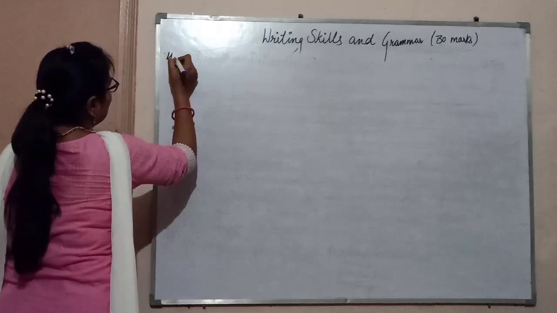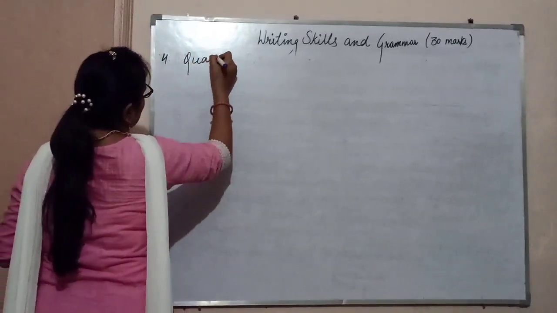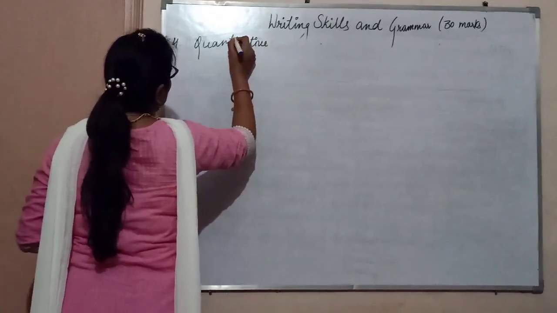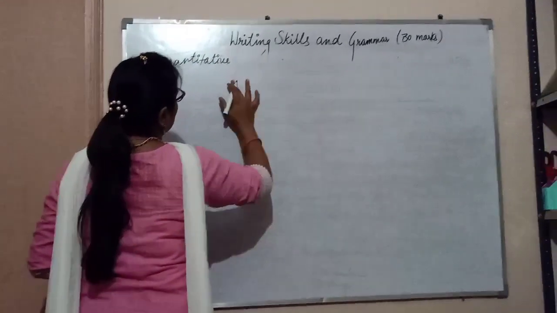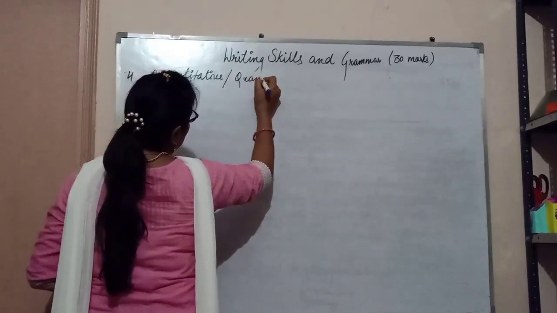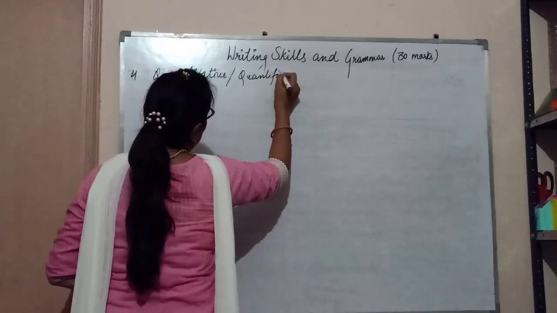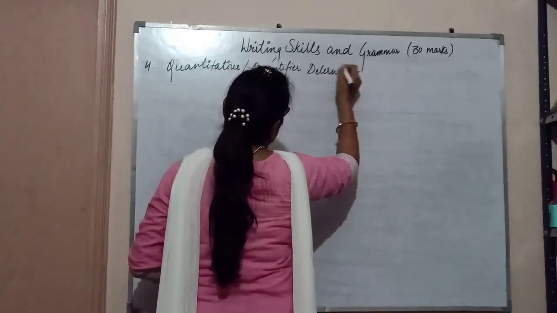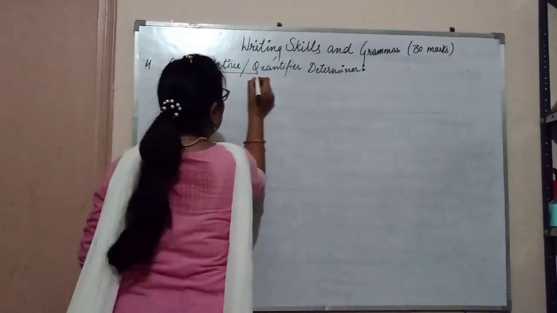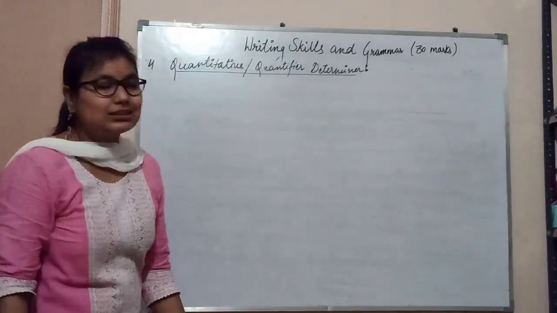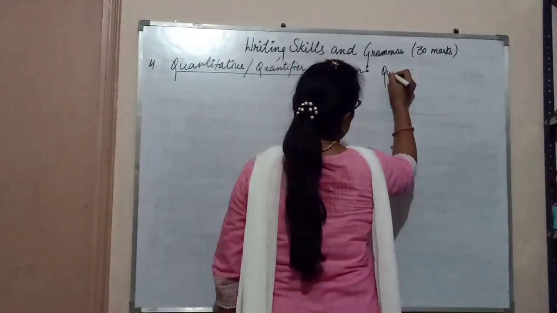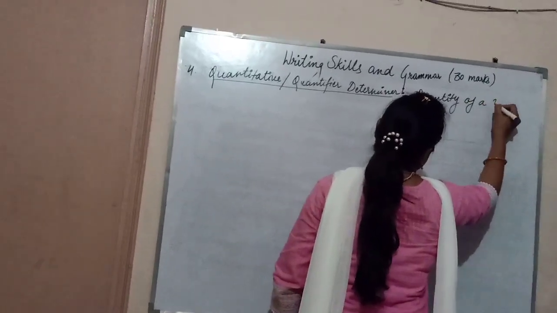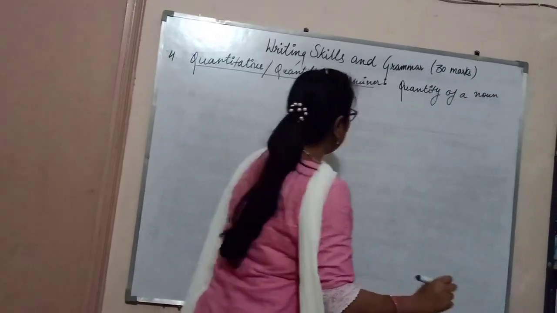Number 4 is quantitative, or quantifier, determiner. What does this tell us? The quantity of a noun. For example, let me see.